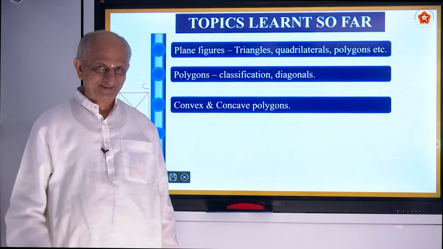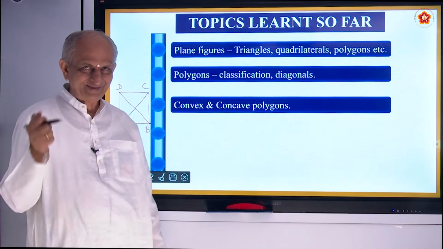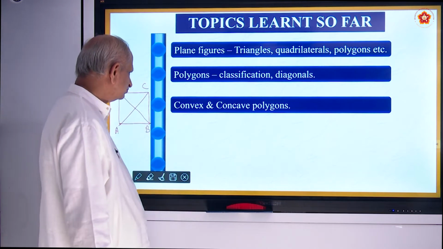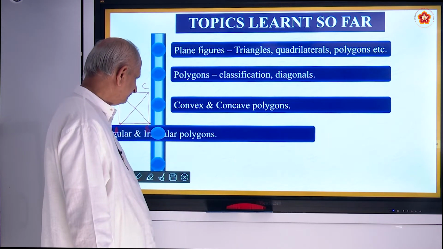All have the word "gon", G-O-N-S, not the shooting gun. So these are the two types of polygons.